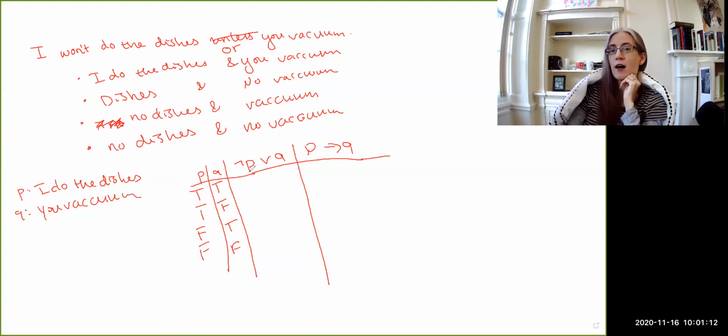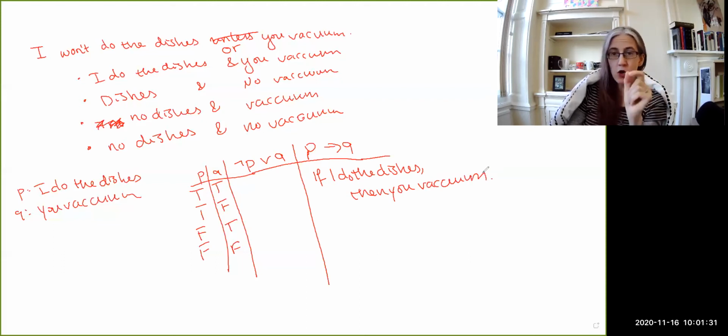So if we have not P or Q, this is the same as saying if P, then Q. So if I do the dishes, then you vacuum. This is asserting that your vacuuming is a necessary condition for my doing the dishes, and my doing the dishes is a sufficient condition for you vacuuming.